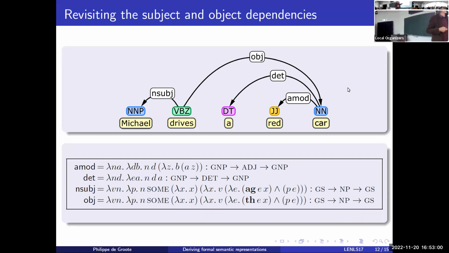And the modifier is just the identity. So it ends the fact that the noun may receive an adjunct. And the determiner, here I just give some. It's an arbitrary determiner. In case the structure would be broken, then we would have an existential. But you may think of something even weaker in terms of default determiner.